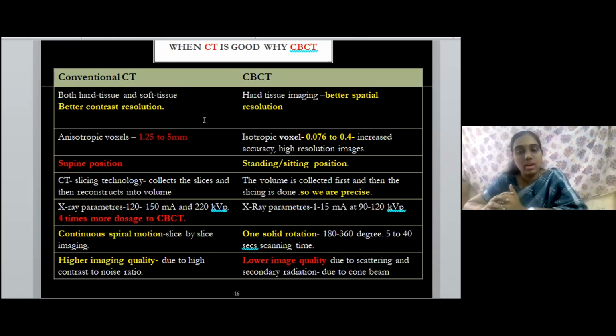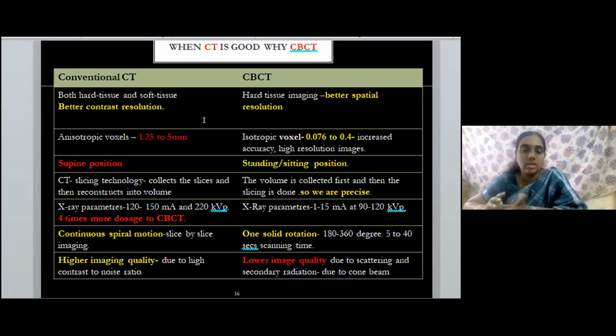The X-ray parameters for CT are really high, which gives a high radiation dose to the patient. And of course, I think everybody would have been exposed to CT during these COVID times for a chest CT.